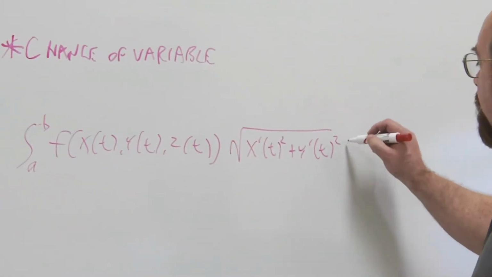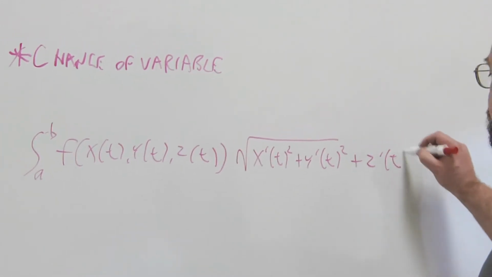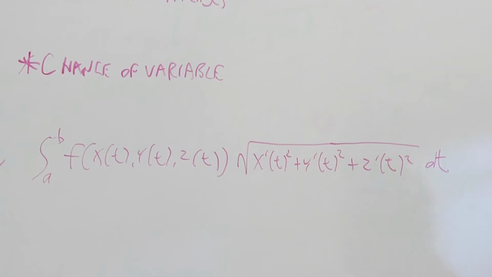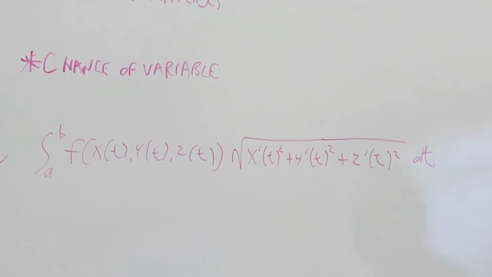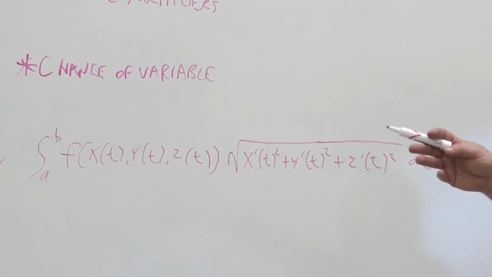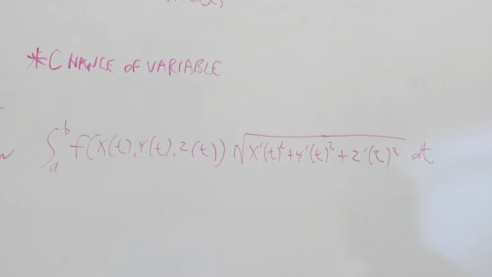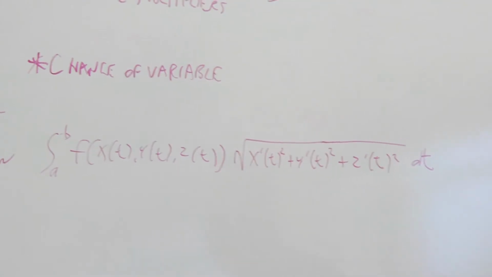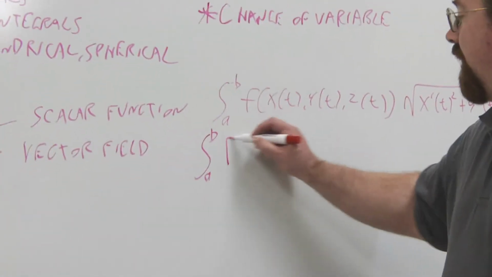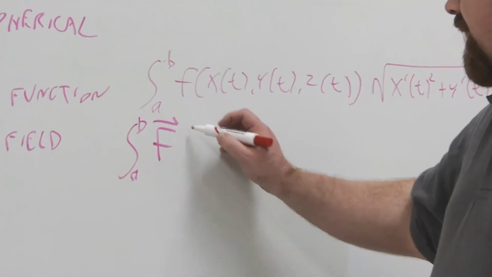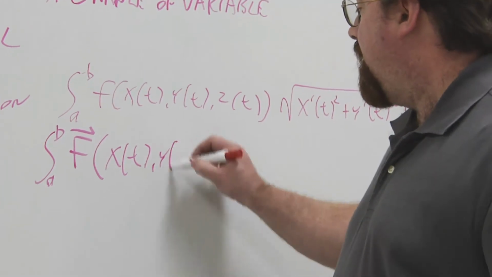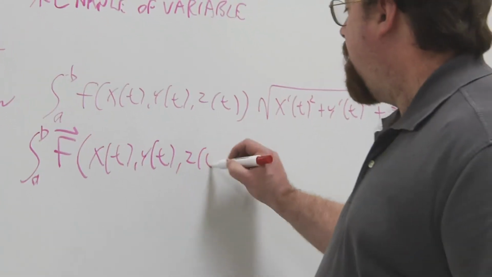this expression, the magnitude of the tangent vector. So that's when it's a scalar valued function, because this is a generalization of the arc-length formula from last semester where f is equal to 1. But the ones we've dealt with more often, the more important ones really, are vector fields. So you have a vector field capital F evaluated at x of t, y of t, z of t.